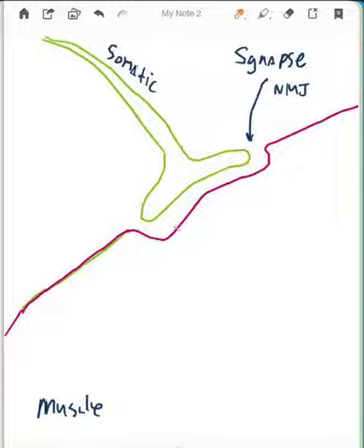Now, in this junction on the muscle part, and I'm going to draw these in a different color, I have the actual nicotinic receptors. There are different subtypes of nicotinic receptors, and we won't get into them, but these are a subtype called nicotinic M, I believe, for muscle. I'll label those as my nicotinic receptors.